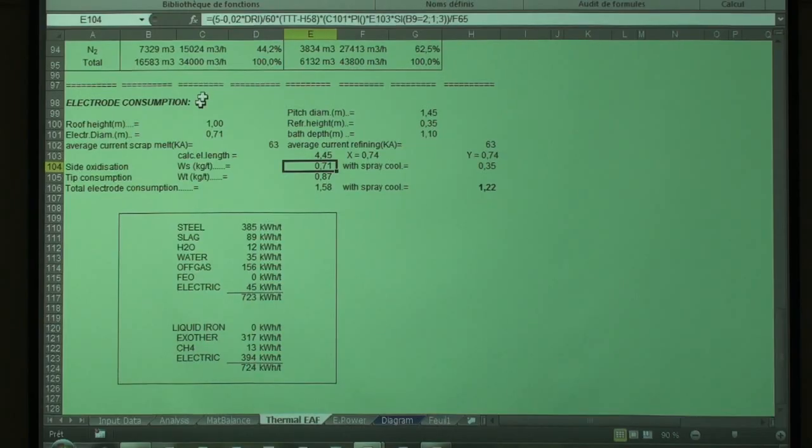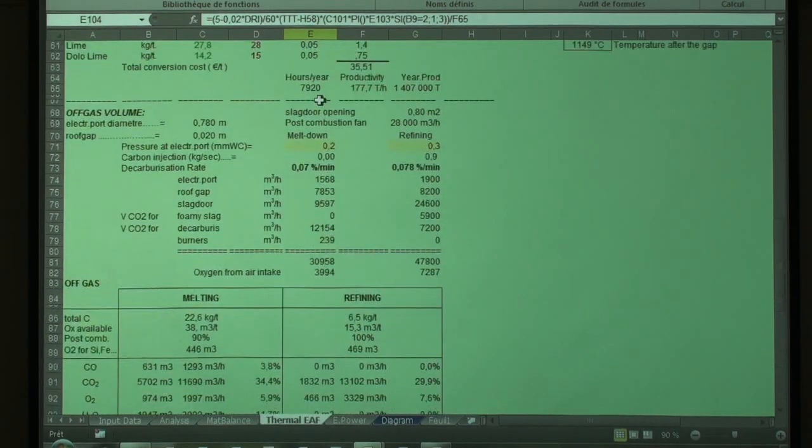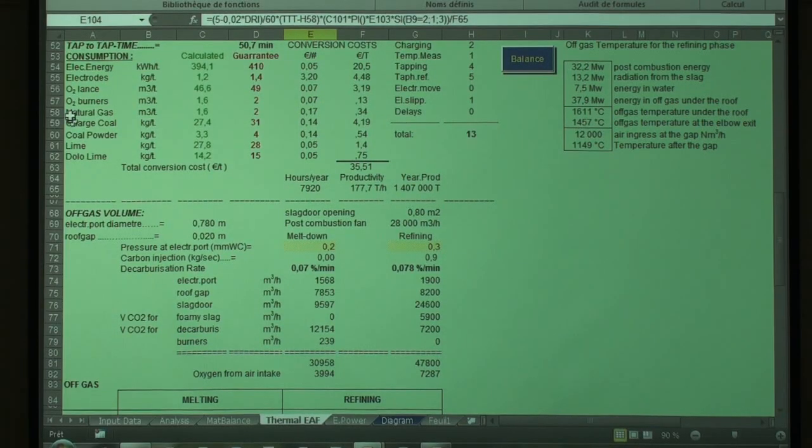C101, electrode diameter. So it's the time. This is the waiting time. So it could be power on. This is the power on.